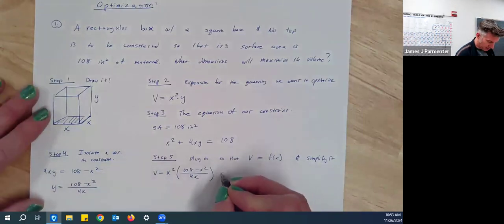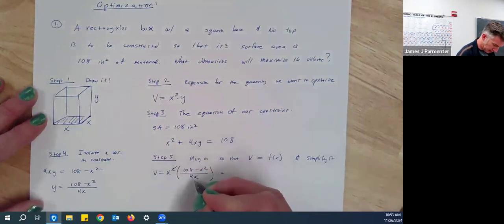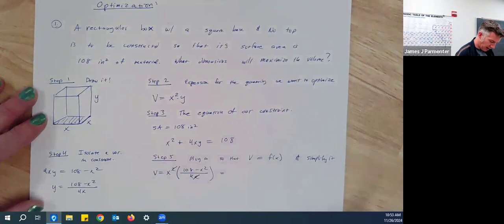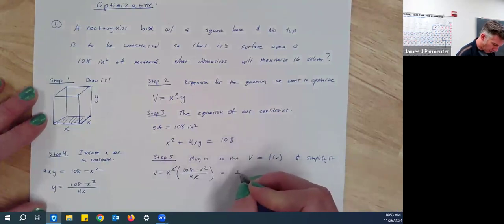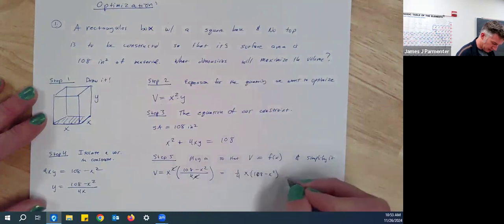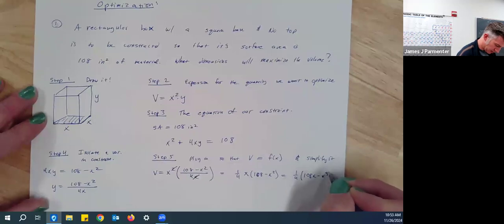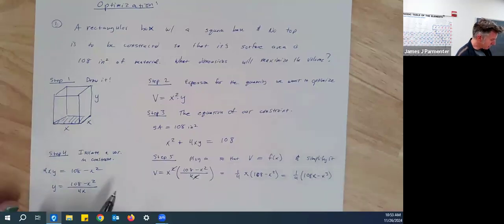So I'm going to simplify this by canceling an x here and an x here and saying, oh, I have 1/4, I'm bringing that 4 out in front, times x times 108 minus x squared, or distributing the x, 1/4 times 108x minus x cubed. And that's going to be much, much easier to differentiate than the previous versions of it.